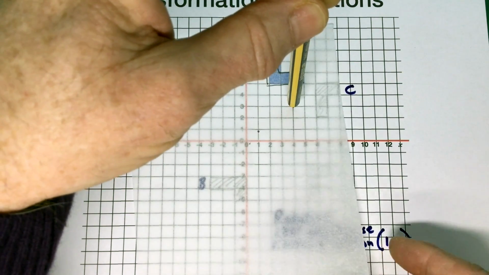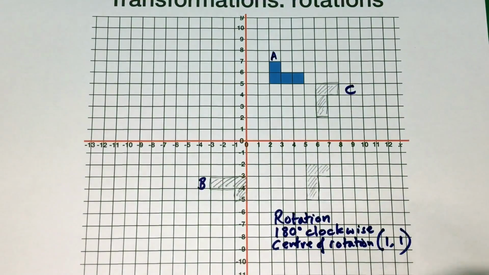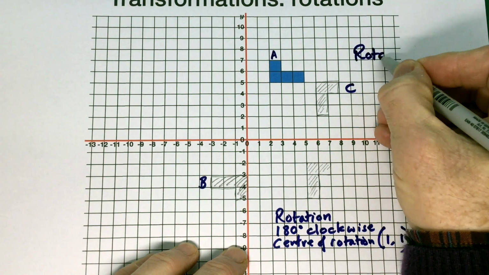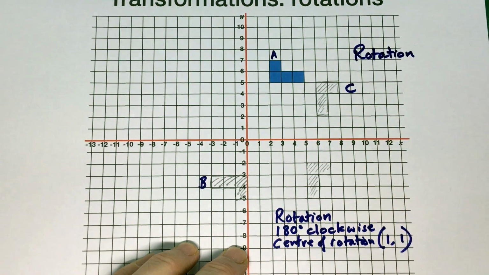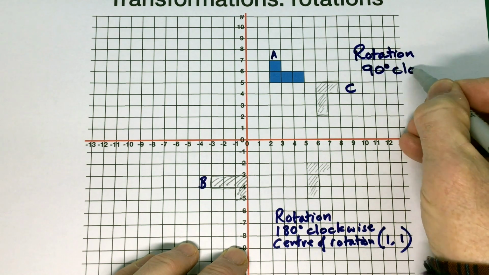So to map A onto C, what we need to write is, of course, that it's a rotation. We would have to write 90 degrees clockwise.